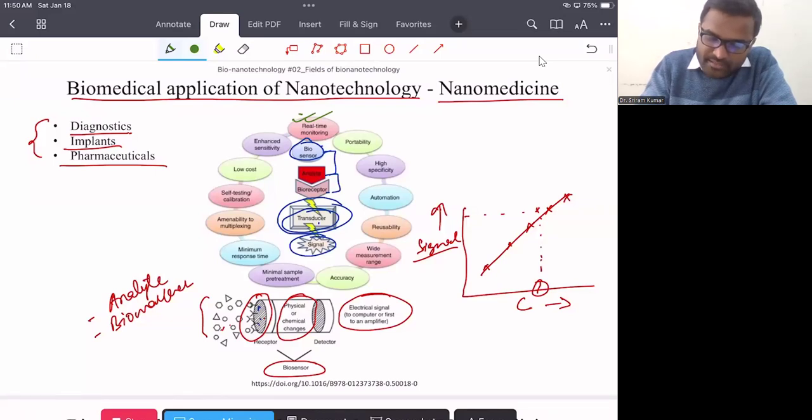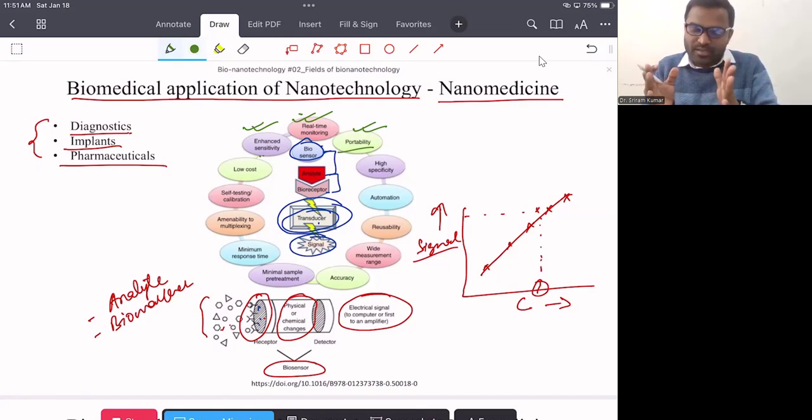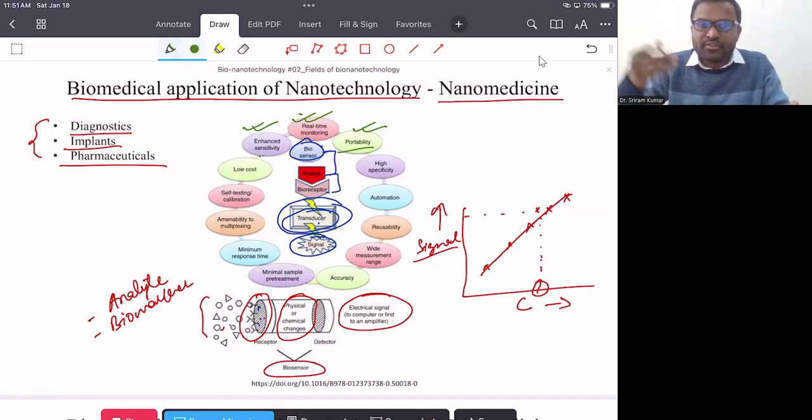Second, it has enhanced activity, so you can improve the sensitivity of that sensor. And the other one is that it should be portable, right? So that sensor has the capability to monitor in real time, it has high sensitivity, and at the same time it has portability, because if you develop a very huge, very big biosensor, you cannot take it with you.